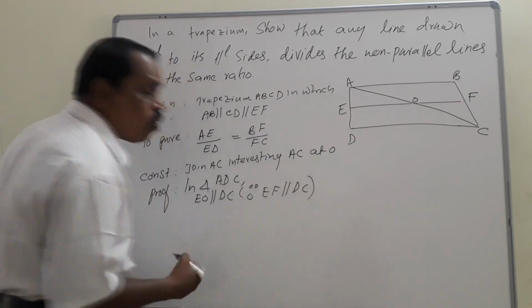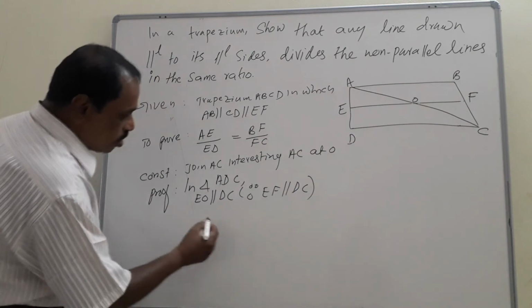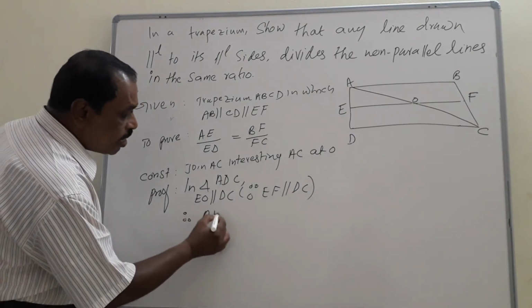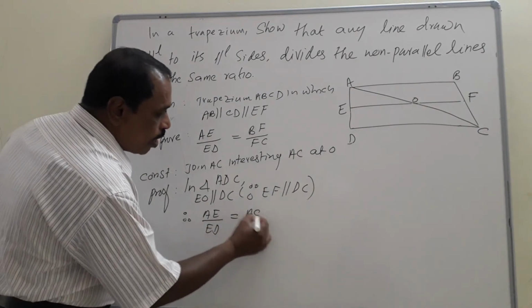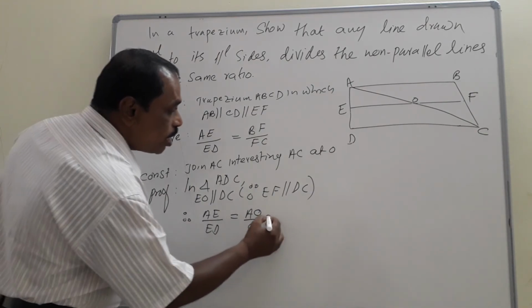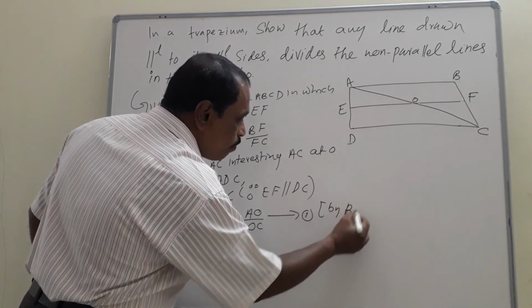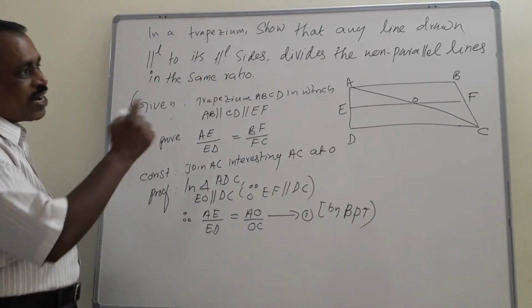That is the reason. Always write the right reason for each step. Therefore, we can say AE by ED is equal to AO by OC. Equation number 1 by BPT. Clear? Now we go for the next one.